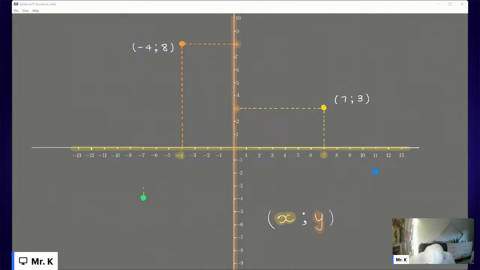So I'm going to draw a dotted line all the way up to my x-axis, and you guys can see that we reach the point -7, right? We are aligned with -7 as our x. So when I open my brackets to write down my coordinates, I start with -7 in the first space. I then write down my semicolon.